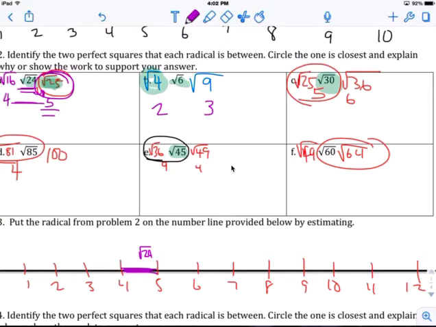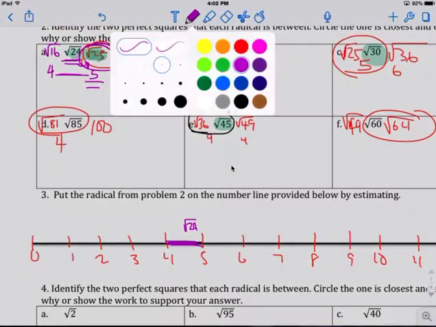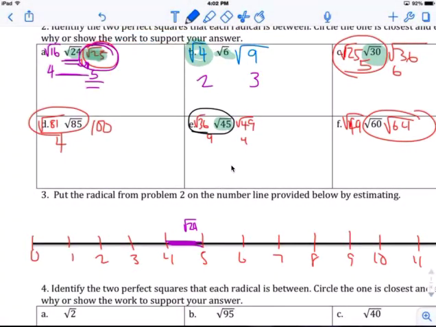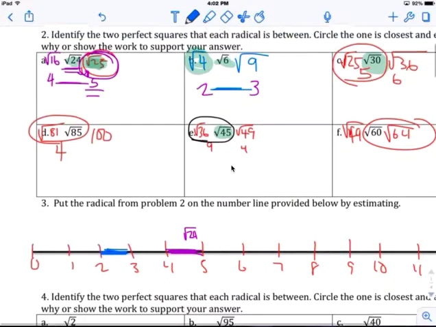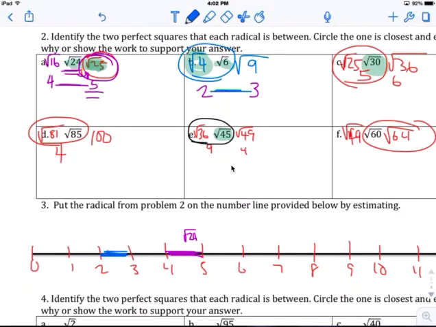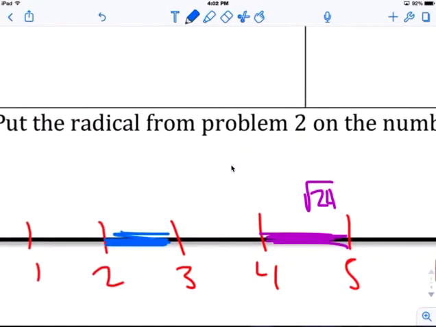So your answer down here, change the color, is between 2 and 3. So you look at 2 and 3, you're looking down here, between 2 and 3, and it's closer to 4, right? So square root of 6 is closer to 2. Somewhere there. Okay.